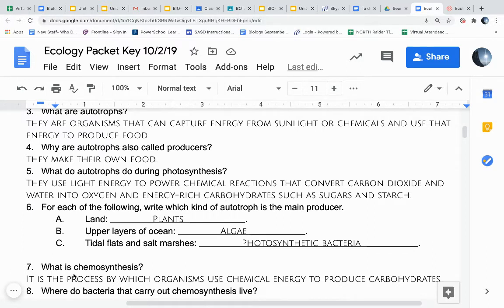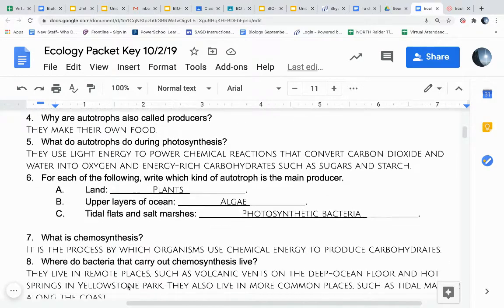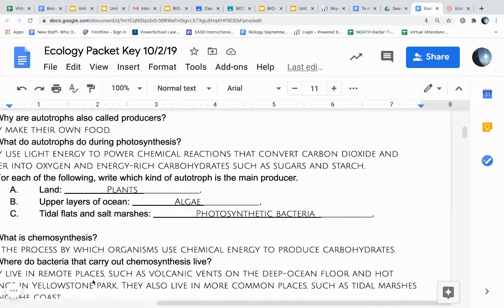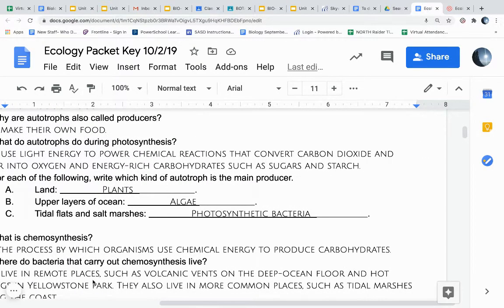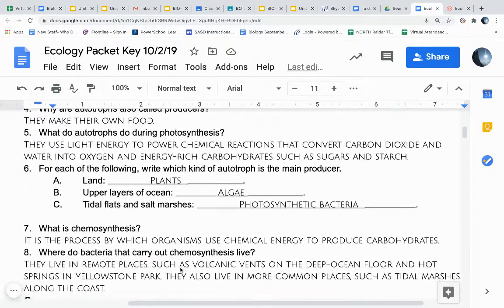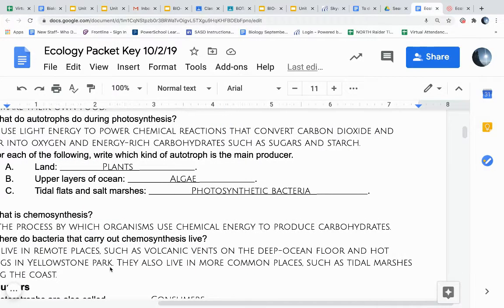They can use other stuff too if sunlight isn't available to make their own energy. And bacteria that carry this out commonly live deep in hydrothermal vents on the ocean floor, really remote, extreme places, high temperature, high pressure, high acidity or salinity. So volcanic vents, hot springs in Yellowstone, good example, like Old Faithful, geysers.